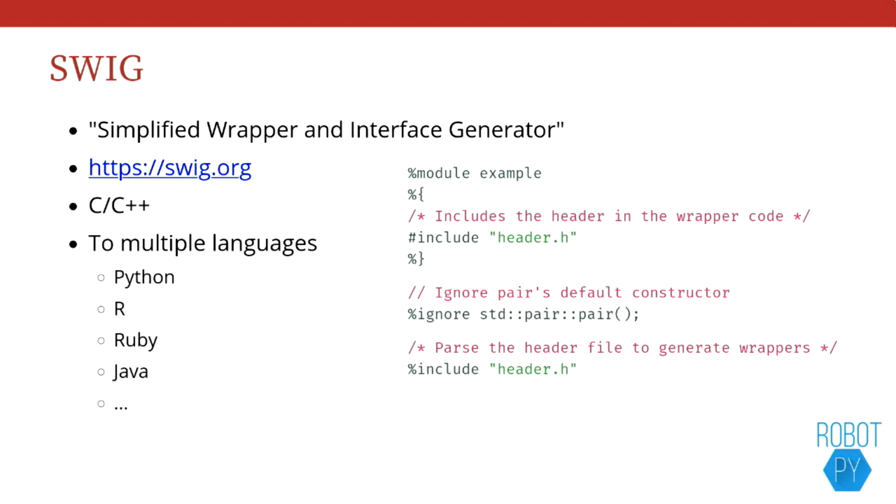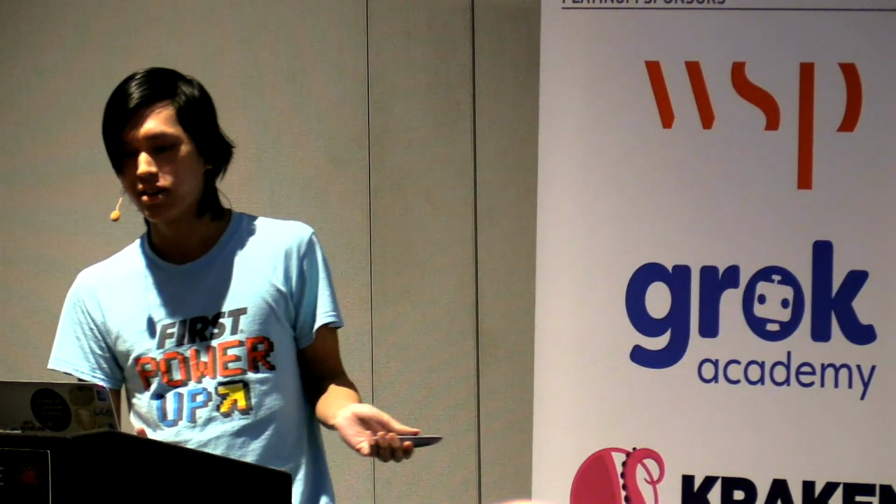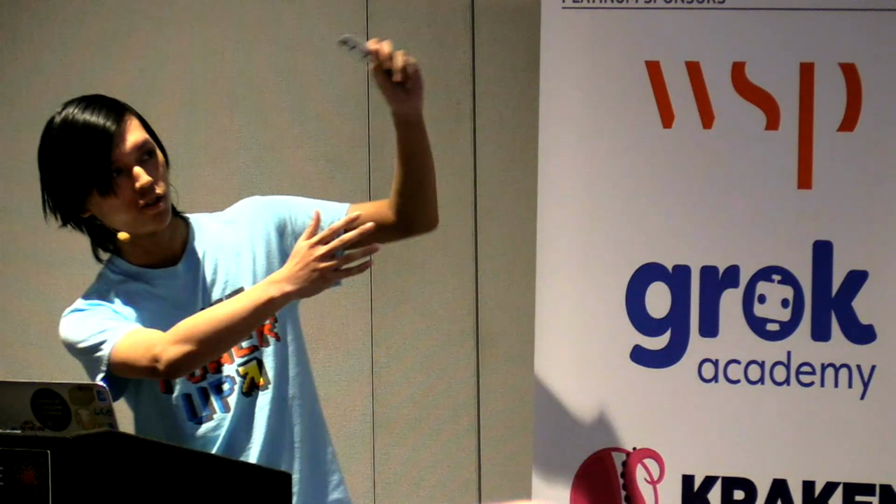They do intentionally try to keep it as simple as possible. This is a very simple example where you can take the header file for your library and just include it. And you might want to ignore some things, because they're convenient for C and C++, but don't really make sense for Python.